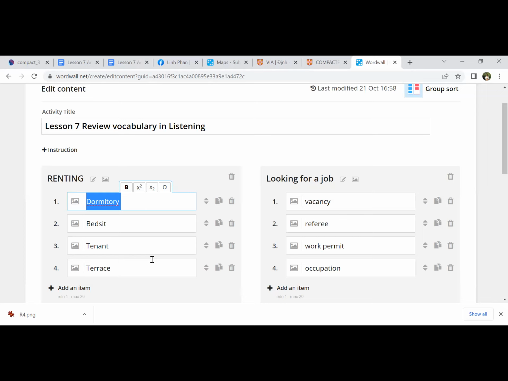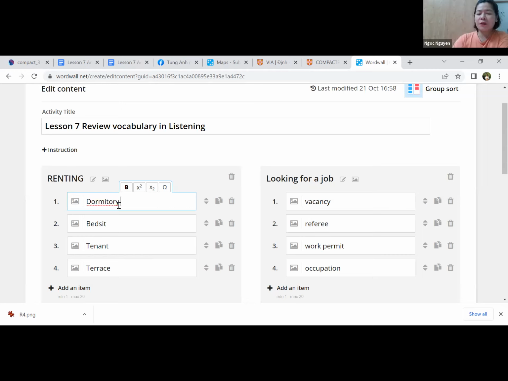It's a large bedroom. Yes, and are there many beds in that room? Yes, many beds in that room. Yes, and students or many people will share their space. Do you know the British word for dormitory or dormitory?